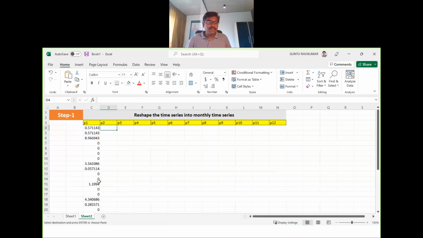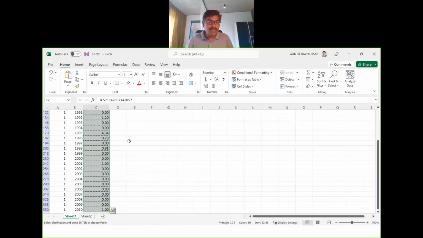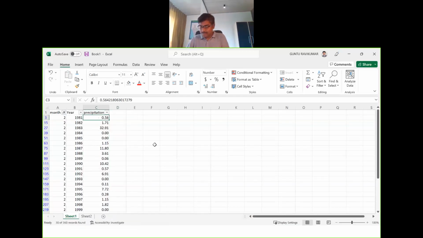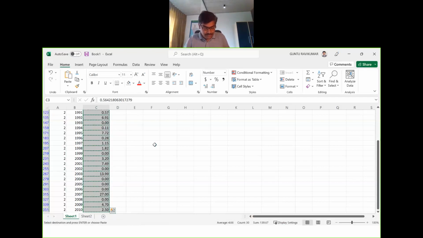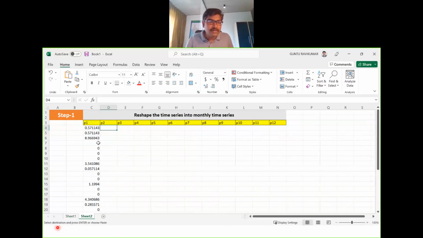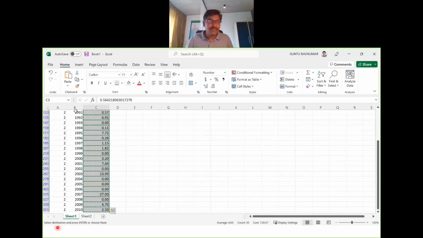And then repeat the same process for the second month. Now you get the values for the second month. Control C, second sheet, P2. Great. Now repeat the same steps for every month.